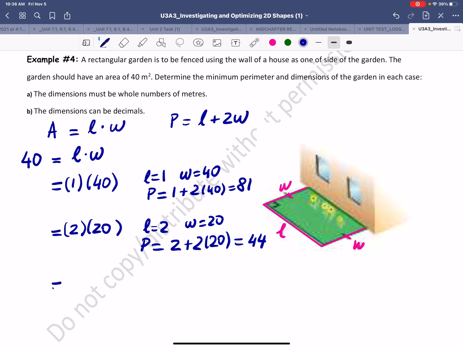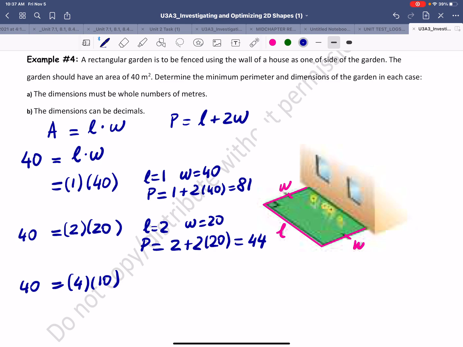So let's continue searching for whole numbers for the length and the width. So the number 40, or the area of 40, can also be expressed as 4 times 10. So we cannot do 3 because the width then will have to be a decimal number, right?